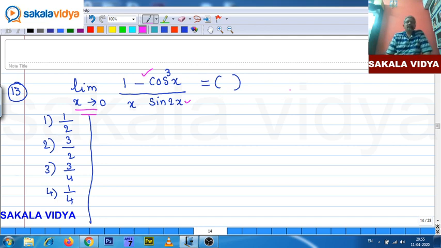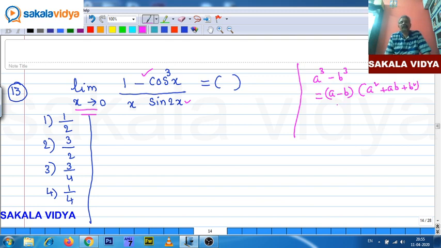Here let us make the plan like this. First, the a cube minus b cube formula I would like to apply, that is a minus b into a square plus ab plus b square. That means 1 minus cos cube x can be written as factors. Next, as x approaches 0, sin 2x is approximately equal to 2x.